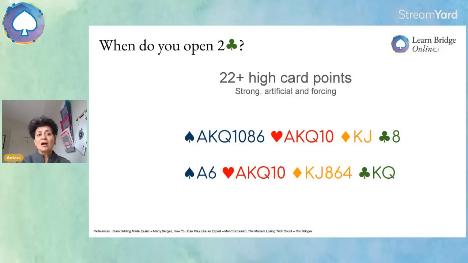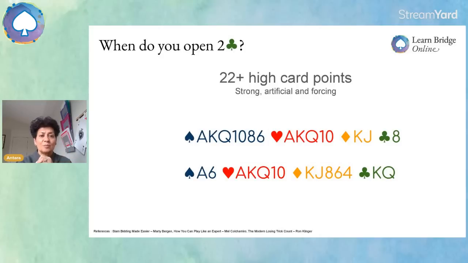Note, I can't open this hand 2 spades because that would be a weak preemptive bid. I don't want to open this 2 no trump because I'm too strong. I'm more than 20 to 21 points, and this is not really a balanced hand at all. I can always open this 2 clubs and then later show my 1 major or both majors, perhaps. In this particular case, I'm likely to want to play in spades.